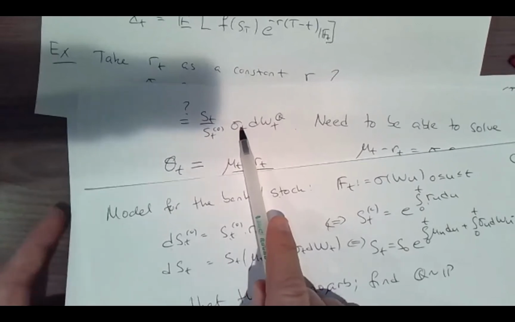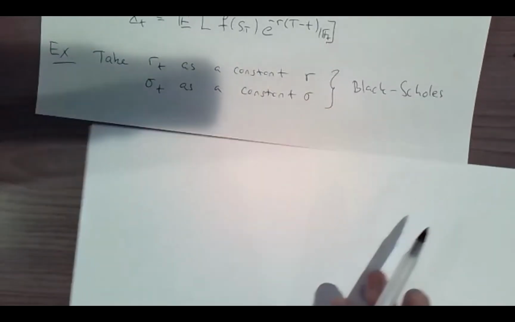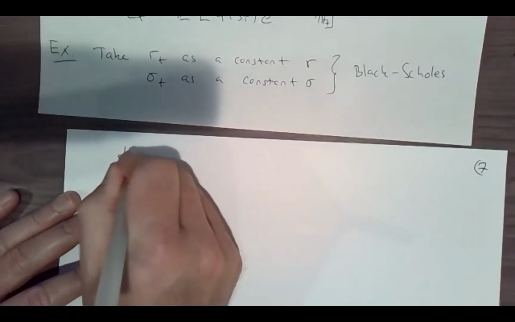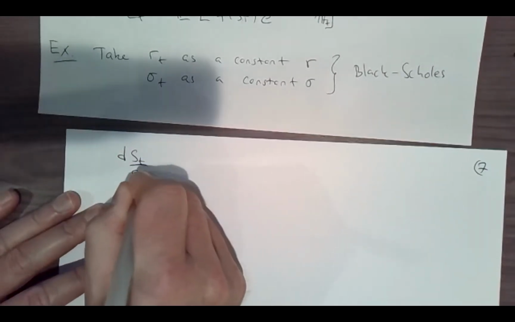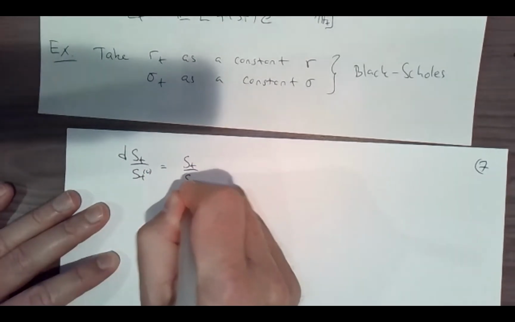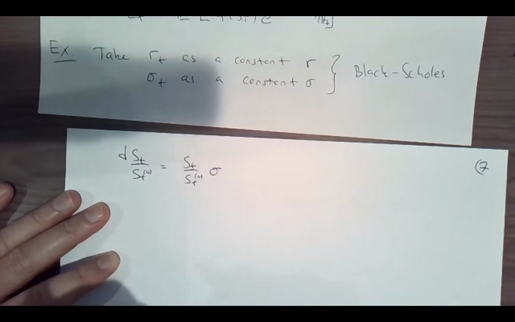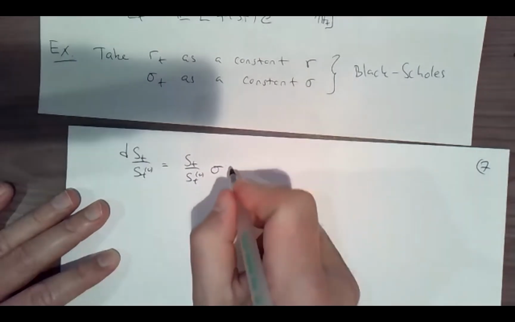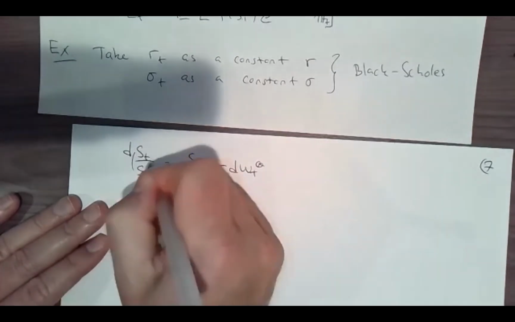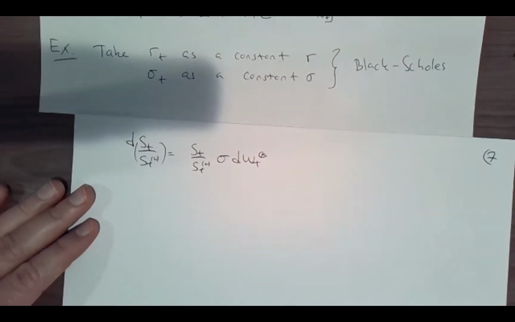So the discounted stock price is a martingale with constant volatility, sigma dWTQ.